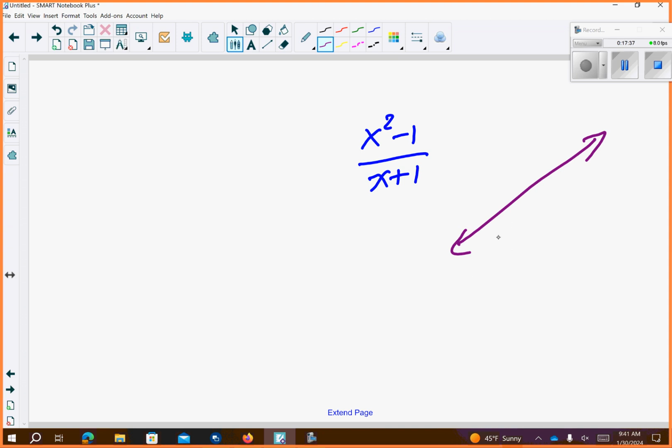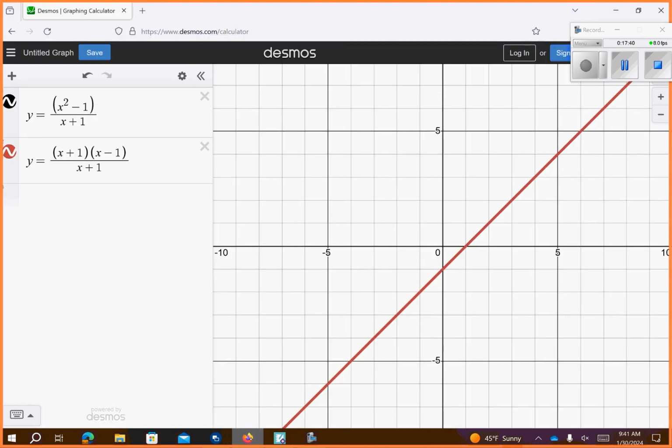When I go back to that problem, it says label all key points. The intercepts are easy to get. This is an intercept and this is an intercept, x and y intercept. I don't have any asymptotes on here because a hole is different than an asymptote.